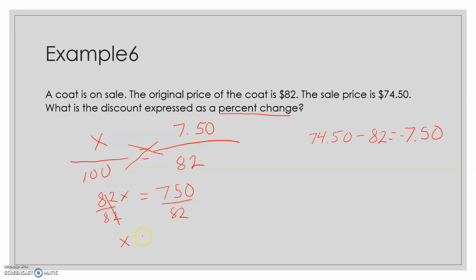And we get x is equal to about 9.1%. All right, so there's our percent change. It decreased, went down by 9.1%. It's on sale by 9.1%.